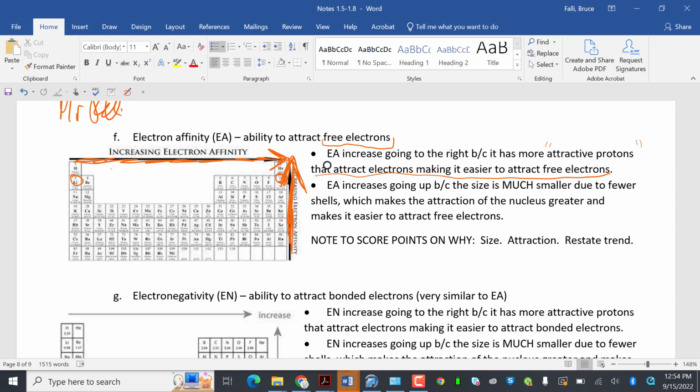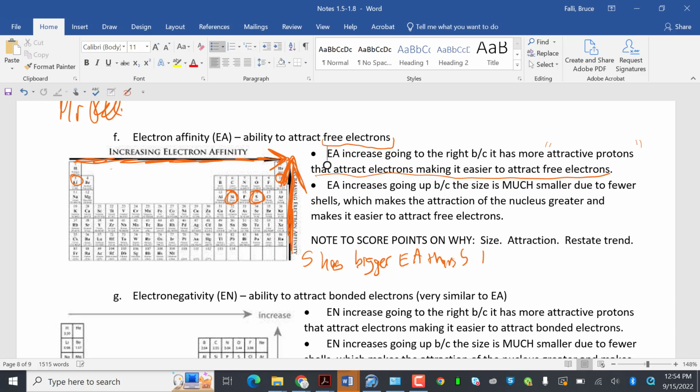So I will say, between silicon and sulfur, sulfur has a bigger EA than Si.